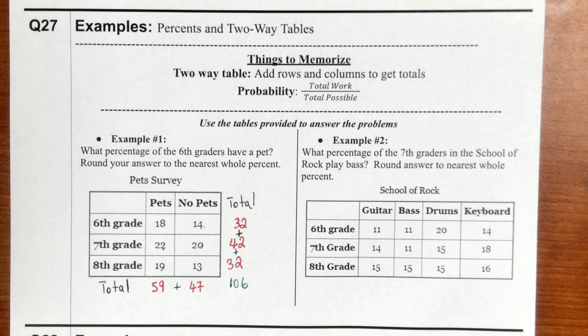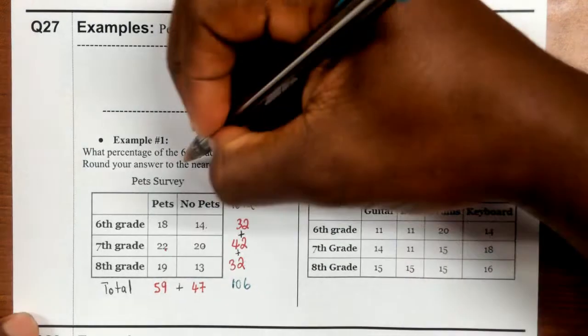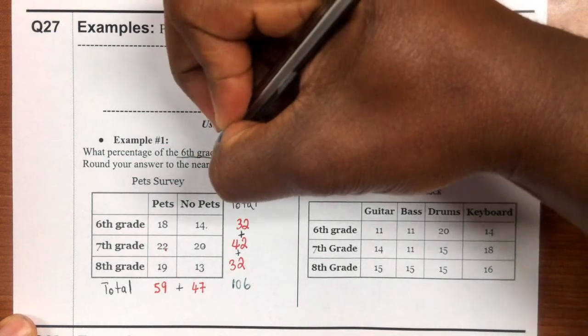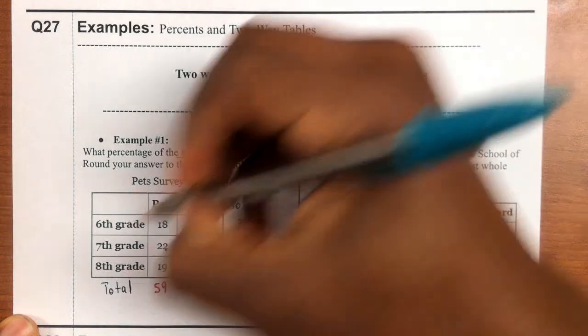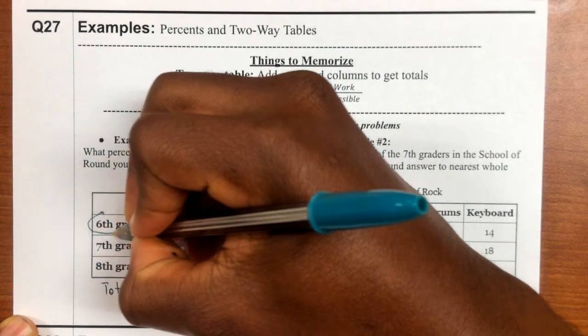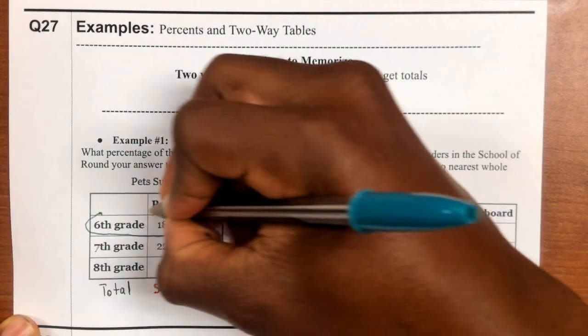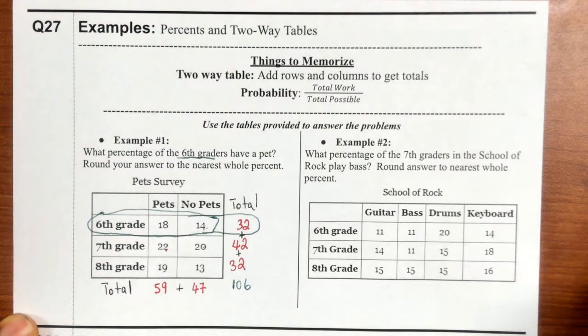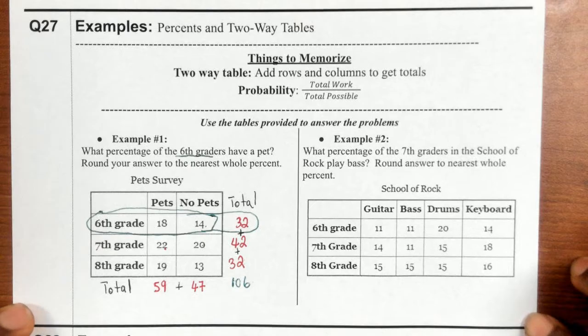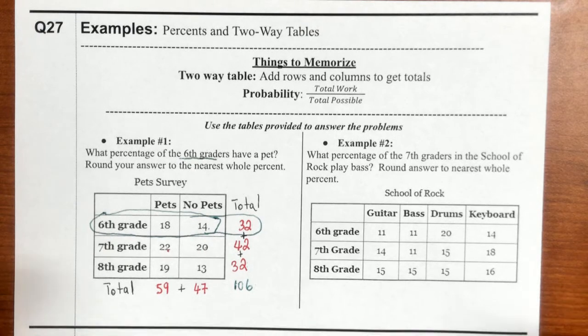Now we need to use this to solve it. It says, what percentage of sixth graders have a pet? I'm only focused on sixth graders.